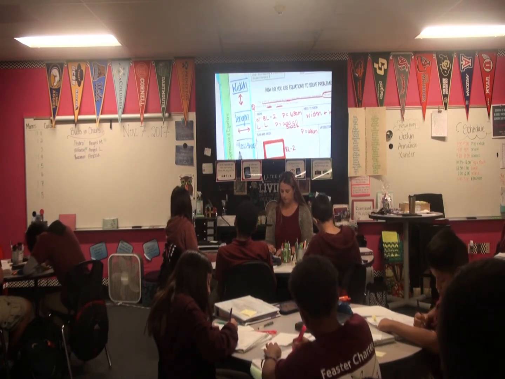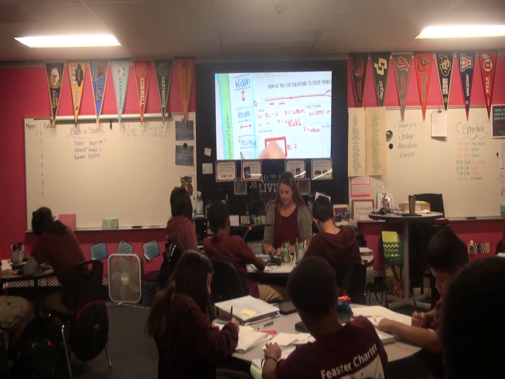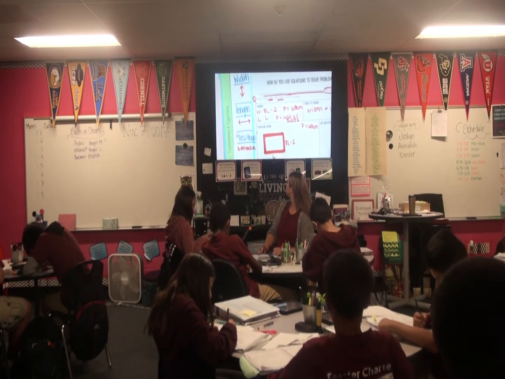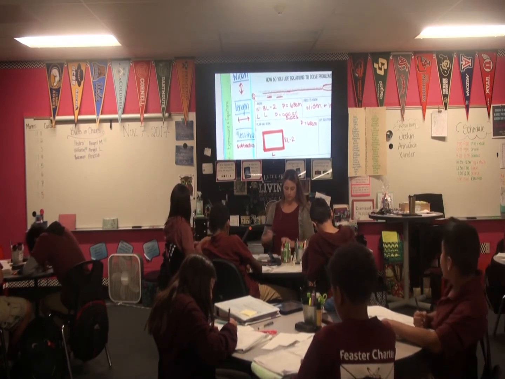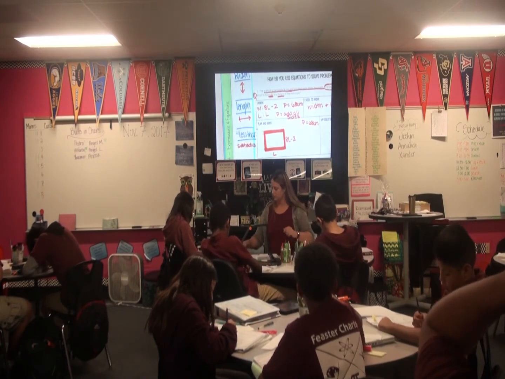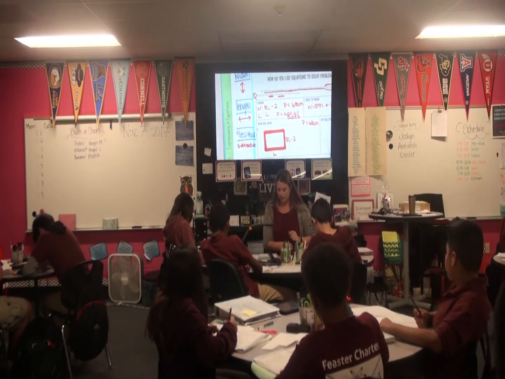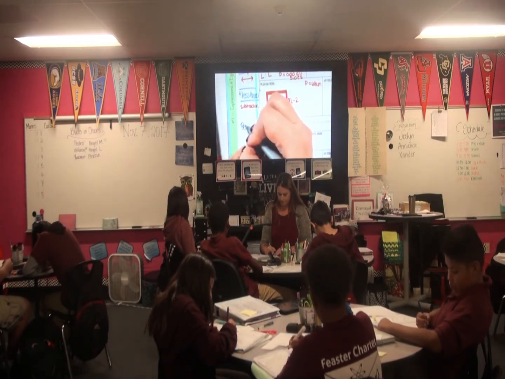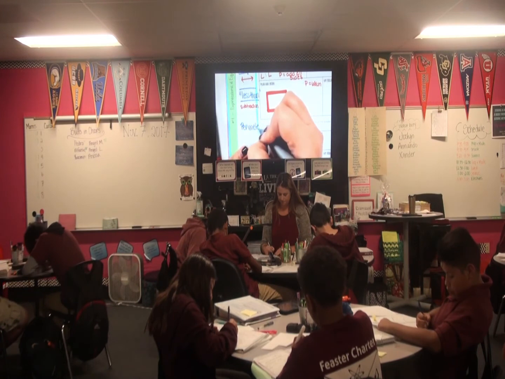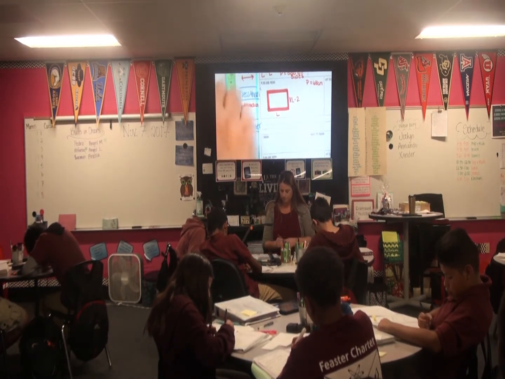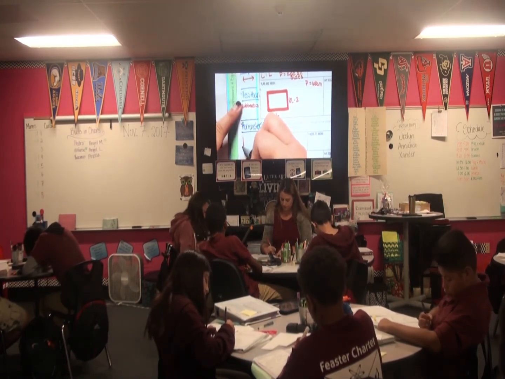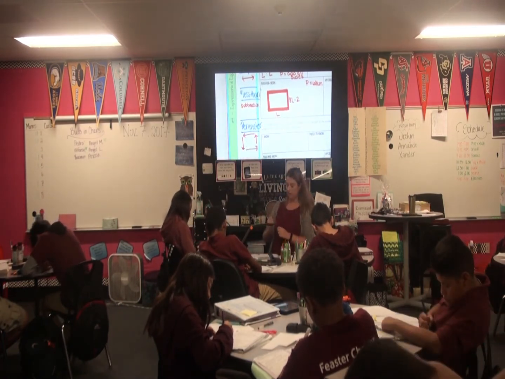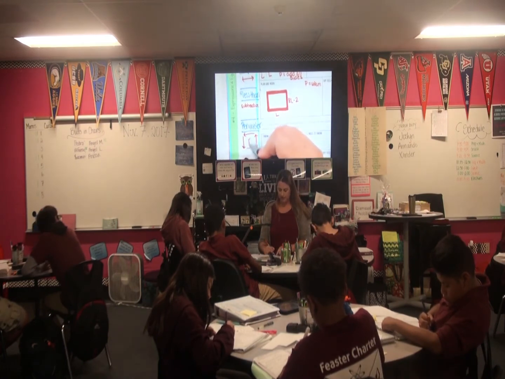Subtraction. Less than means subtraction. And then we're probably likely to forget perimeter again, so let's put perimeter in. Perimeter means to add around. You put your addition sign in the center.